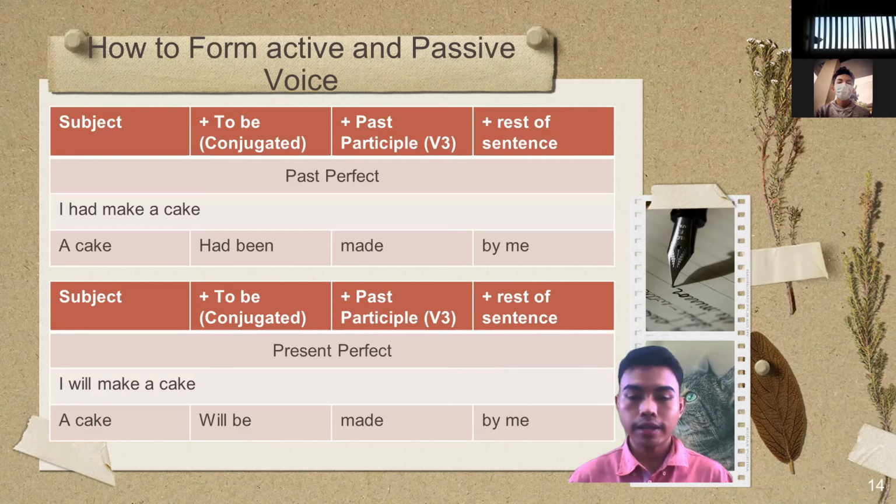And then the simple future tense. The example sentence is I will make a cake, and the subject is a cake, the to be is will be, the past participle or verb 3 is made, and the rest of the sentence is by me.